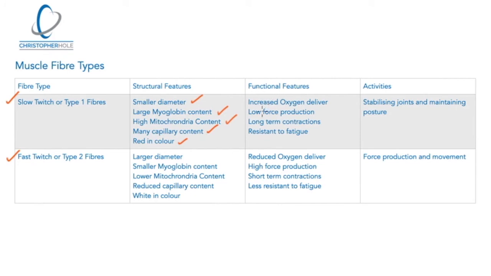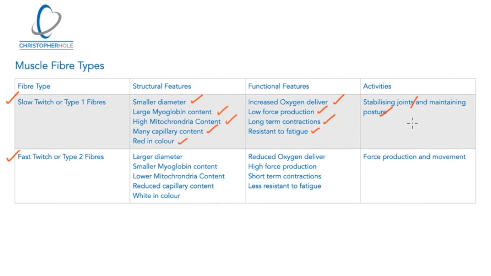The functional features are increased oxygen, low force production, long-term contractions, and they are resistant to fatigue. So activities we would be talking about are stabilizing joints, maintaining posture, and there's more endurance to them because of the high blood and oxygen content, and the fact that they're resistant to fatigue.